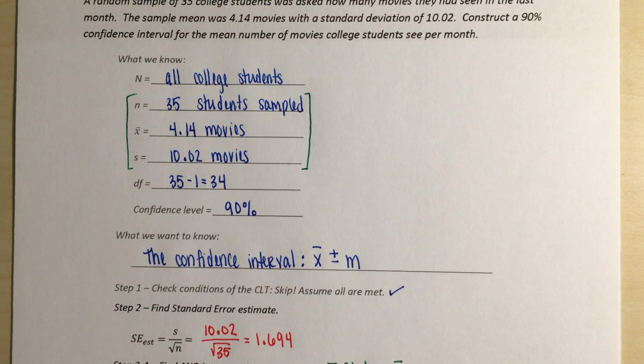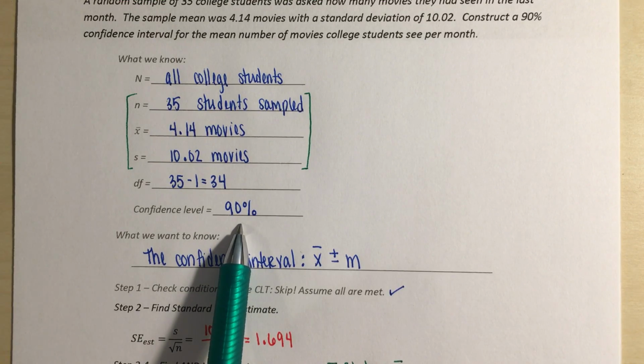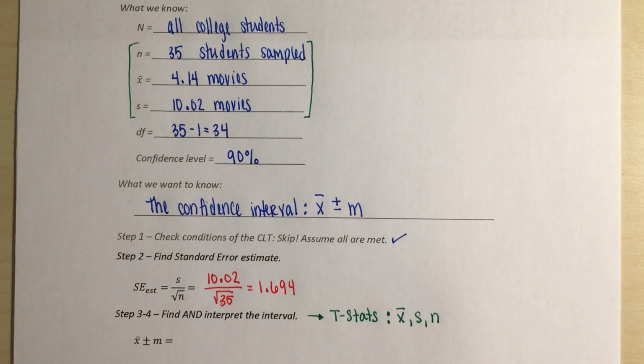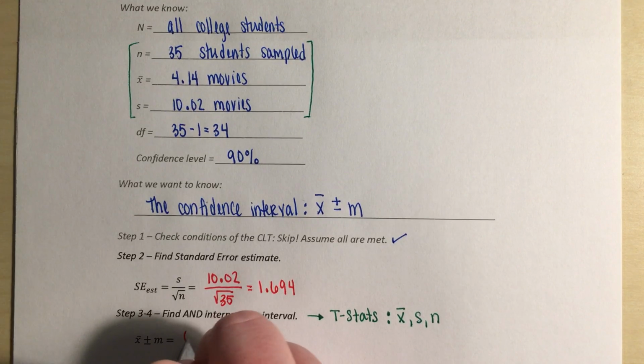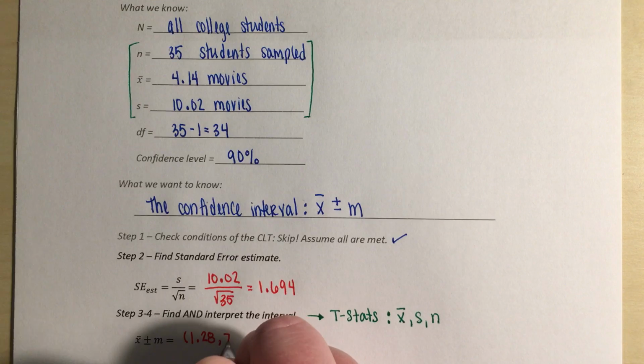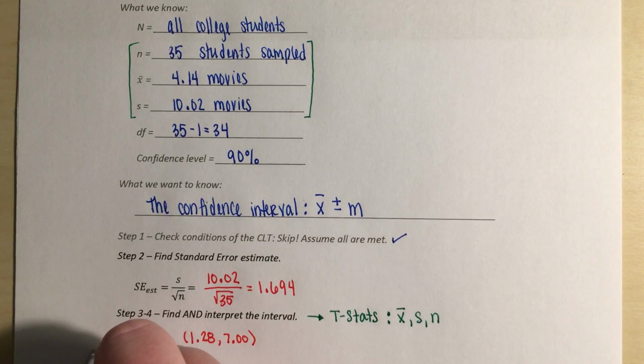In this particular case, notice that our confidence level is 90%, so when we enter that into StatCrunch, we want to make sure that we change that to 90%. We select compute. We are going to get 1.28 to 7.00.